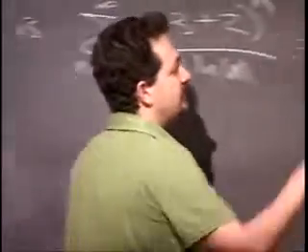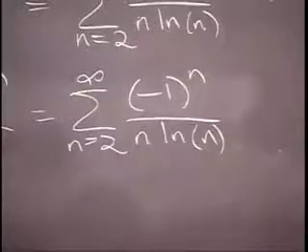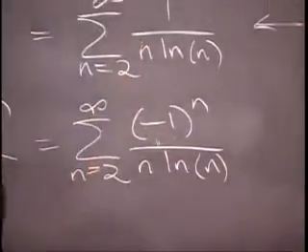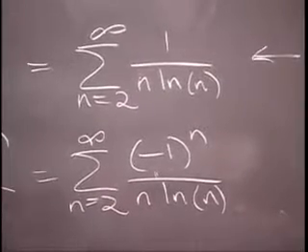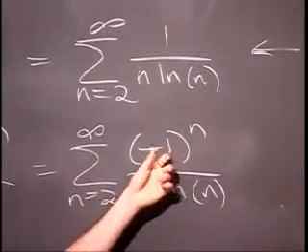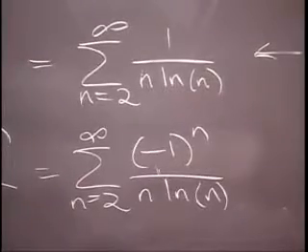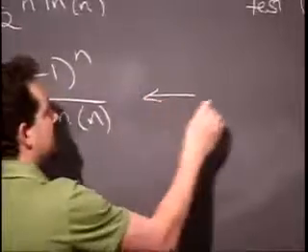So the question is, if it's alternating, what's the first thing that you check? The absolute version. Of course, the absolute version of this is just up here, which diverges. And so it does not converge absolutely. Without that minus 1 to the n, if it's just a 1, it would diverge. However, with the minus 1 to the n, as we've seen, you can use the alternating series test. Again, I'm going to omit the details.